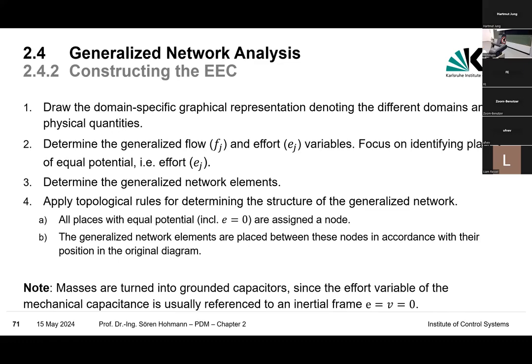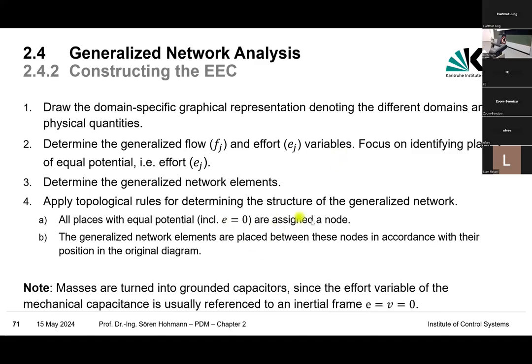Here it's the very same. Then you determine the generalized network elements. This corresponds to the idealization step, where you say, okay, I take a linear resistance element, or a nonlinear capacitor, or whatever.